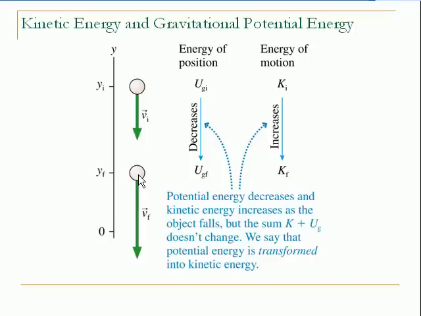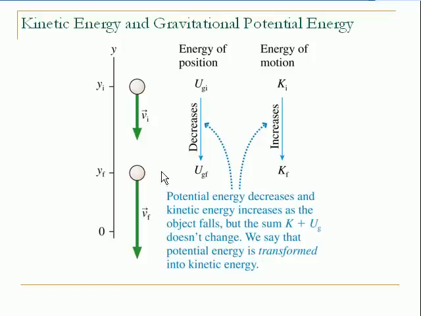The energy can't disappear. So if there is less gravitational potential energy, that energy had to go somewhere. What does it go into? Well, it goes into kinetic energy. So it turns out the object would be moving faster at this location, which you know is the truth, right? When objects fall, they accelerate.